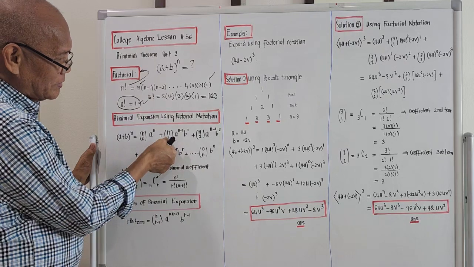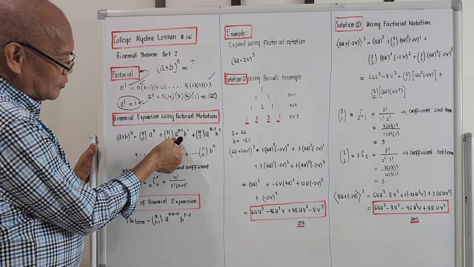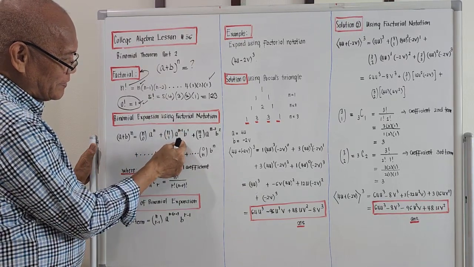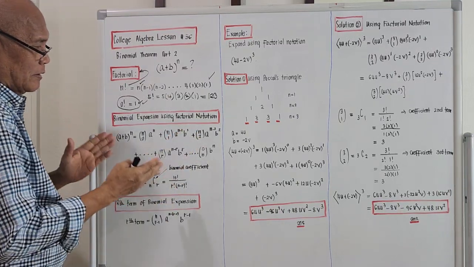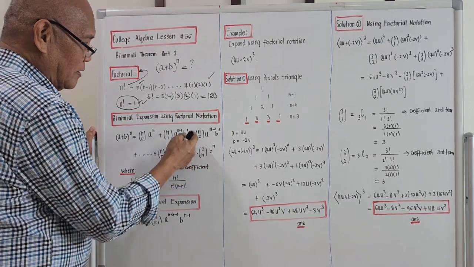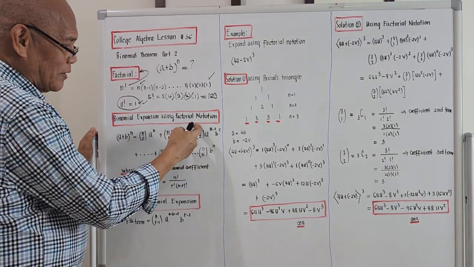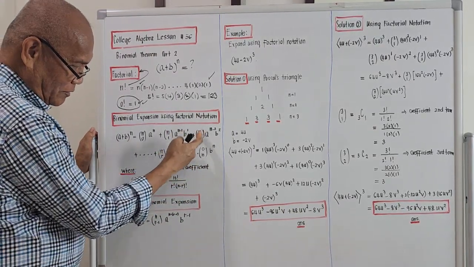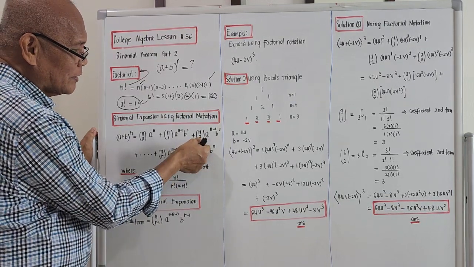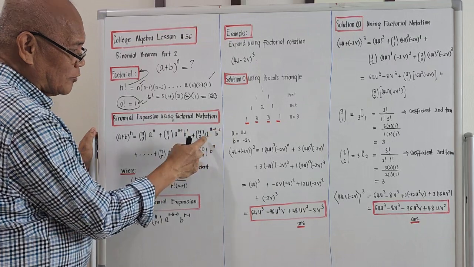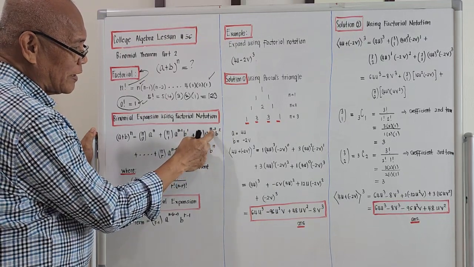If this is 1, the exponent of the first term should be decreased by 1, and the exponent of the second term should be 1. Plus, the next coefficient will be open quantity, closed quantity, n 2, right, times a raised to, if this is 2, the decrease in the value of the exponent of a will be n minus 2.